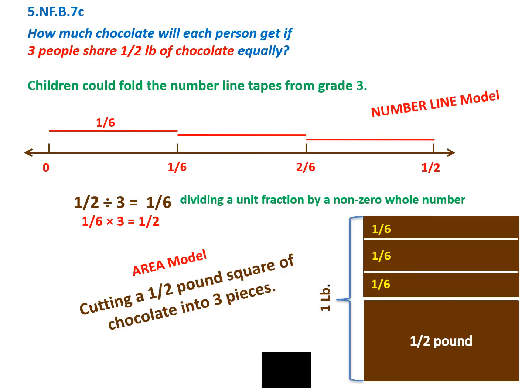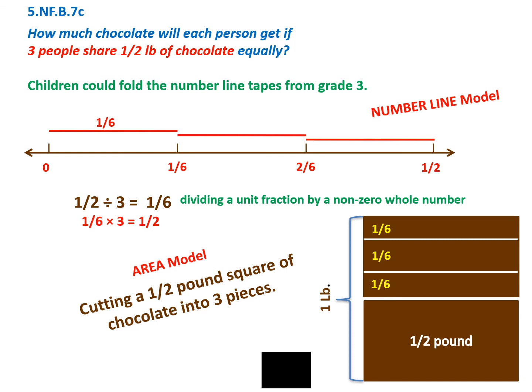Let's take a look at the first example. How much chocolate will each person get if 3 people share 1/2 pound of chocolate equally? Here we have modeled this in both an area model at the bottom and on the number line. In the area model, we see that we have 1/2 pound of chocolate, and we've divided it into 3 equal pieces.